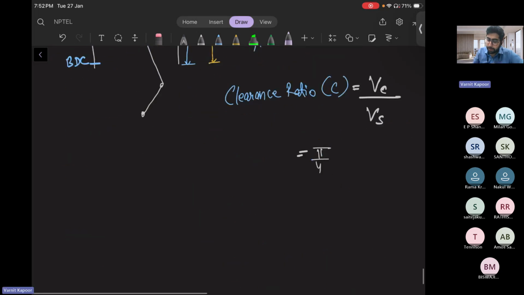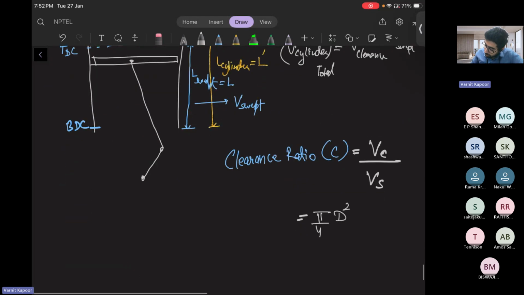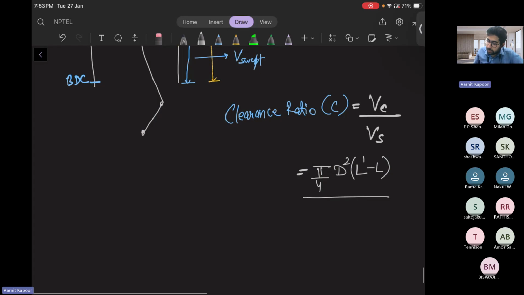If a term like bore comes up, that means diameter. Pi by 4 d square, and the length is L dash minus L: complete cylinder length minus swept length. To that of swept volume, which is pi by 4 d square L. Any doubts? This is your clearance ratio.